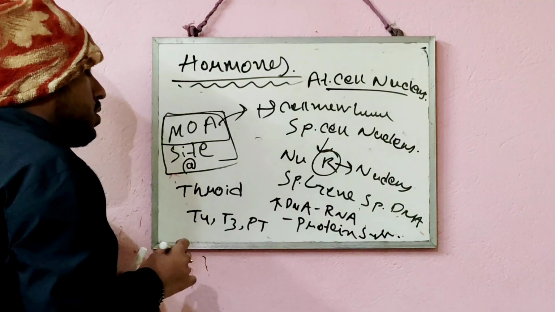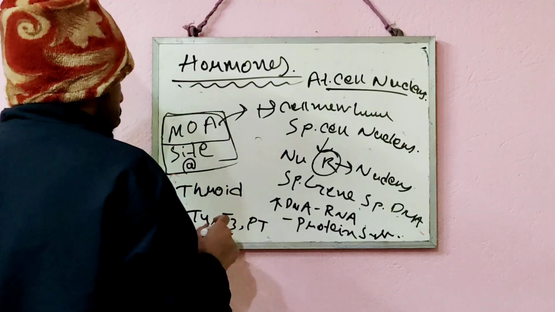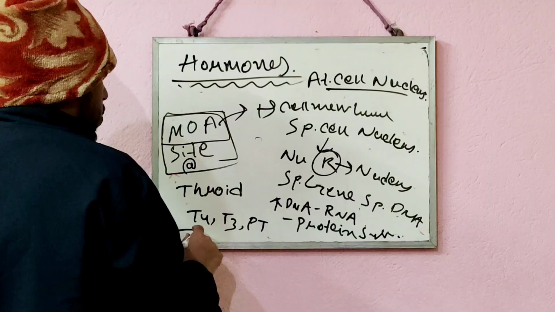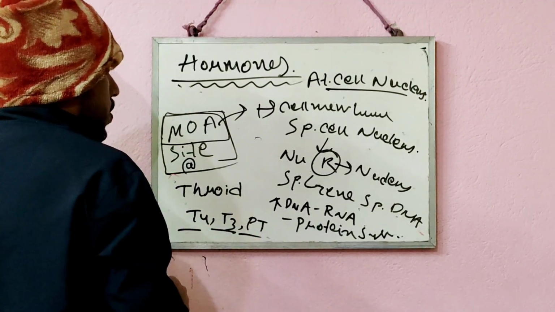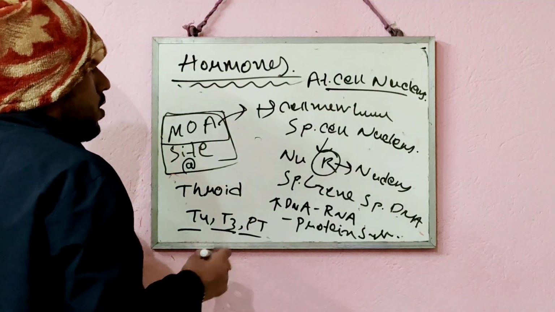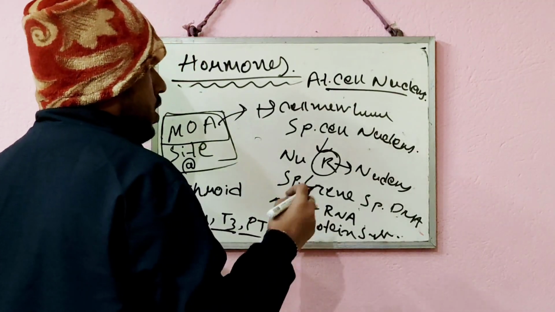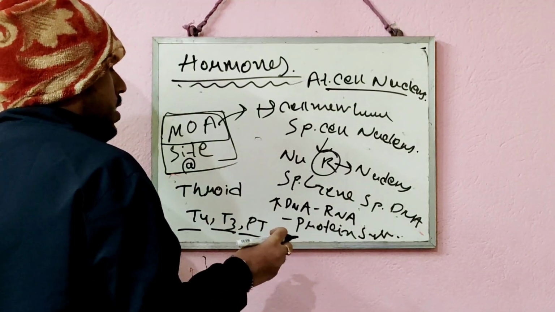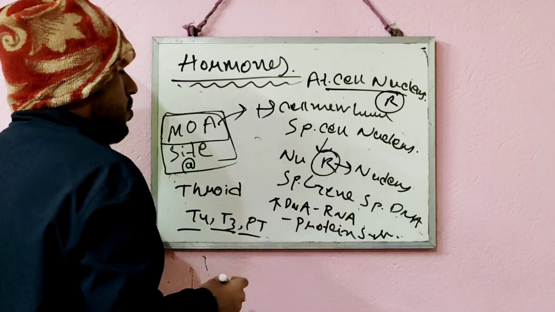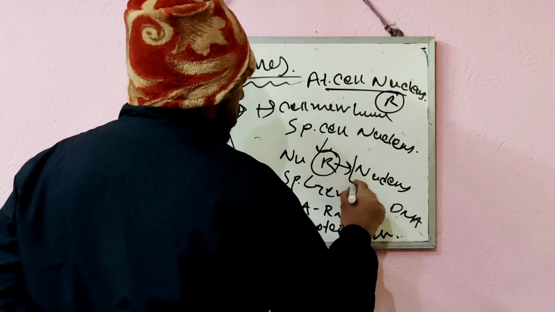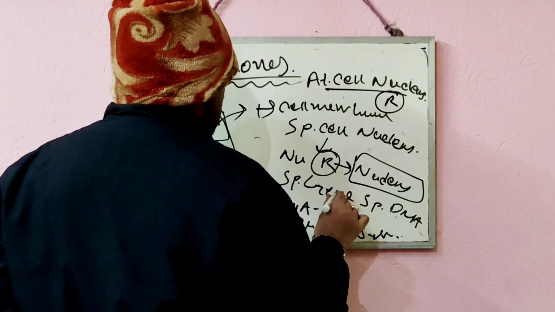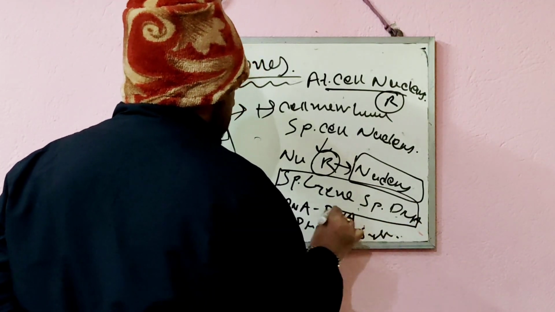So this is the mechanism of action generally shown by hormones secreted from the thyroid and parathyroid glands, like thyroxine, tetraiodothyronine, and parathyroid hormone. How are they going to show it? First they penetrate the cell membrane and reach their specific site of action, and there they bind with the nuclear receptors present there. By binding to the receptors they are transported to the nucleus of this specific cell. After reaching the nucleus they bind with a specific gene present in specific DNA.